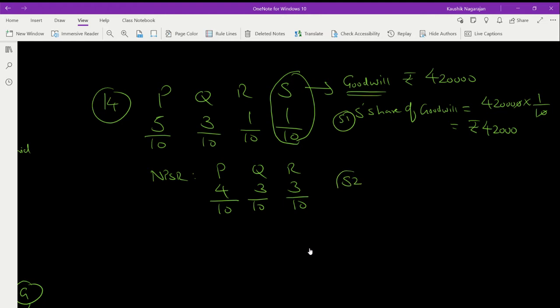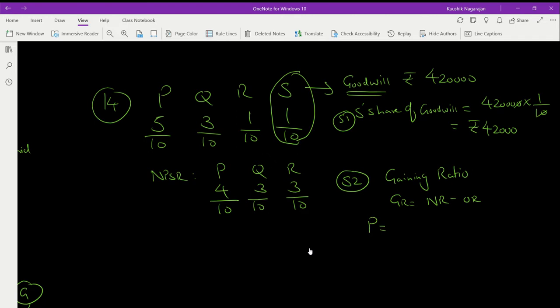Now you calculate step 2. What is step 2? Gaining ratio. The formula for gaining ratio is your new ratio minus your old ratio. We need to calculate for each and every partner separately.